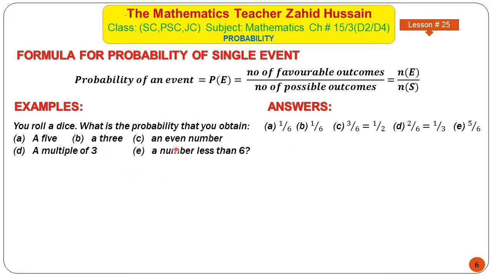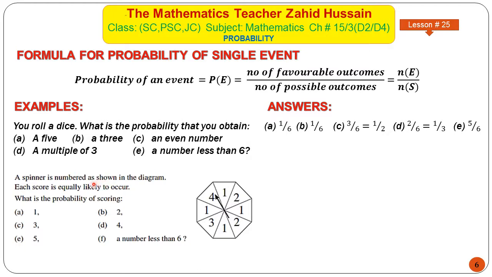A multiple of 3, how many multiples of 3 are there? 3 and 6, so 2 by 6, meaning 1 by 3. A number less than 6, how many numbers are less than 6? 1, 2, 3, 4 and 5, so there are 5 numbers which are less than 6, so probability of this event will be equal to 5 by 6.